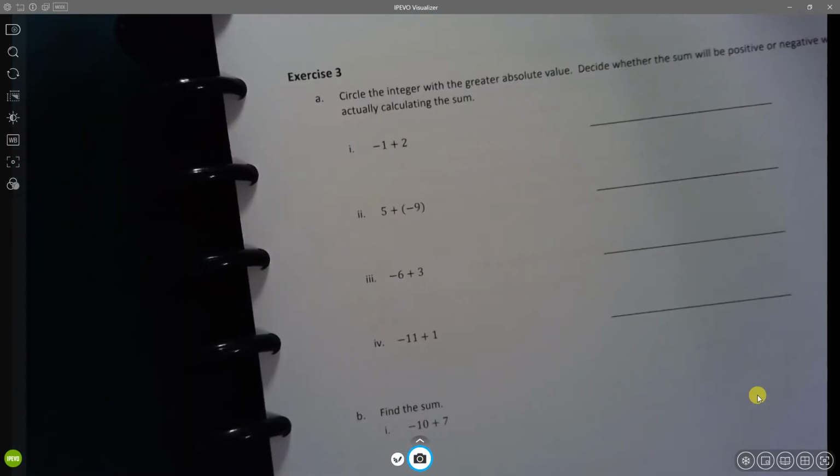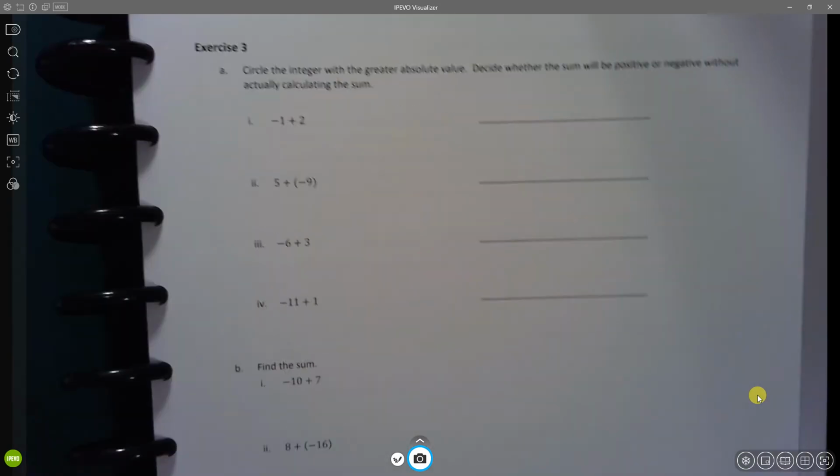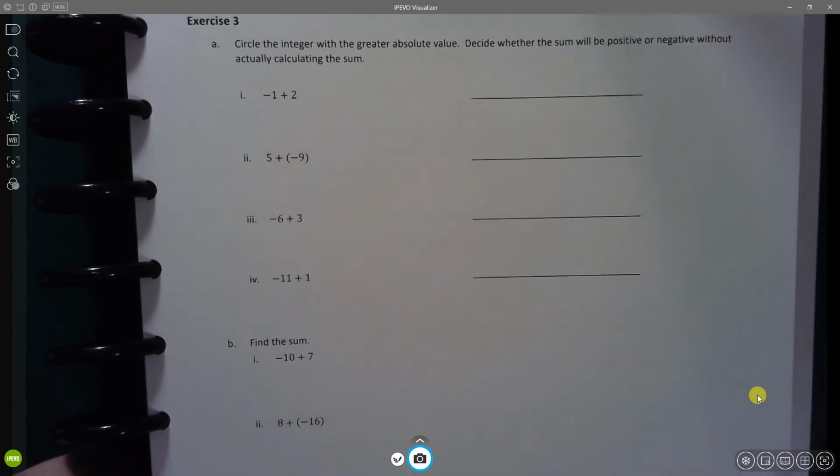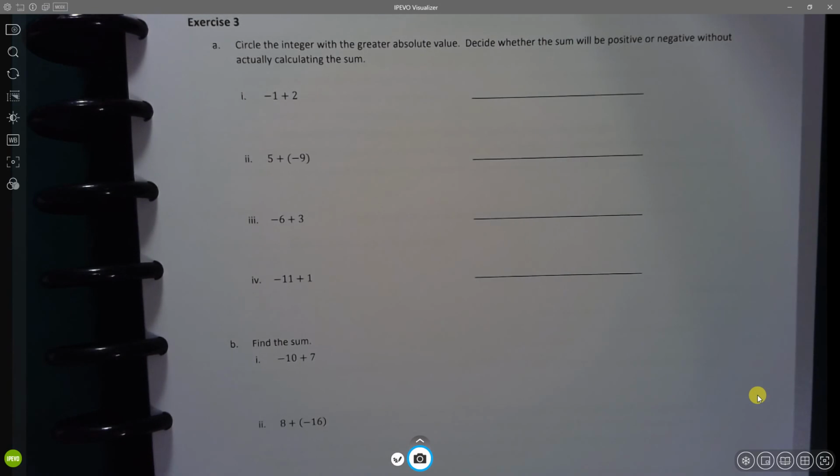All right, exercise 3. Circle the integer with the greater absolute value. Decide whether the sum will be positive or negative without actually calculating the sum. So we're looking for the greater absolute value. What it's saying is, if both numbers were positive, which one's bigger? Which one has the greatest value?